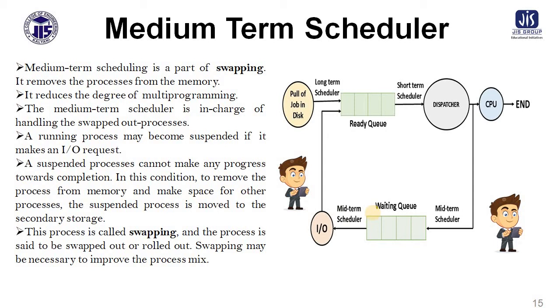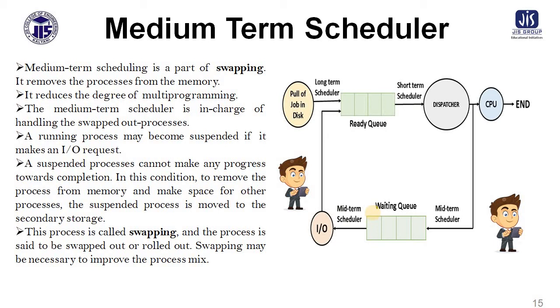In this condition, to remove the process from memory and make space for other processes, the suspended process is moved to the secondary storage. This process is called swapping, and the process is said to swap out or roll out. Swapping may be necessary to improve the process mix.